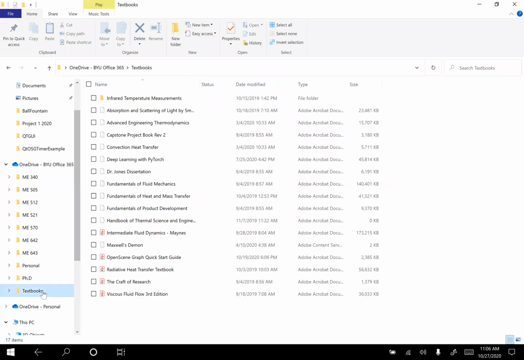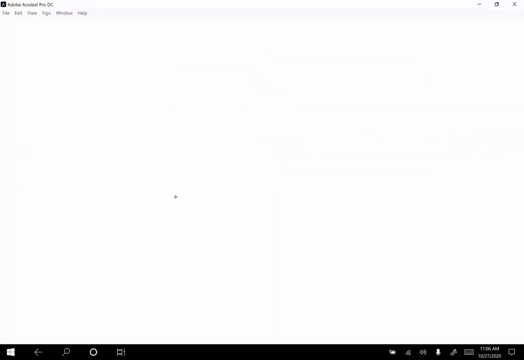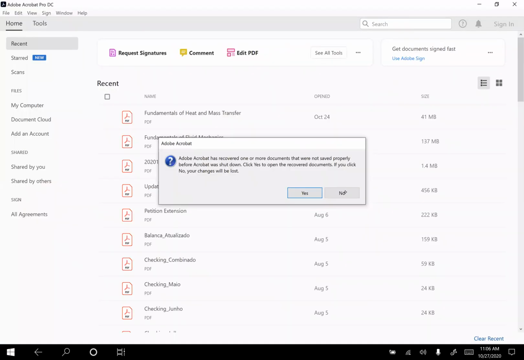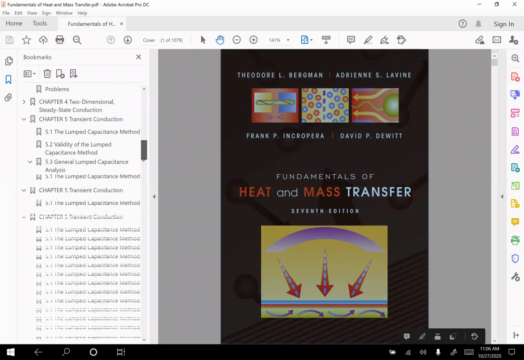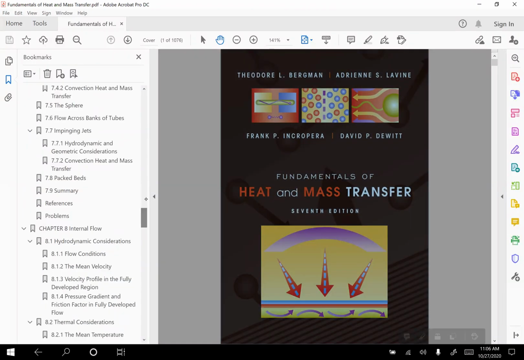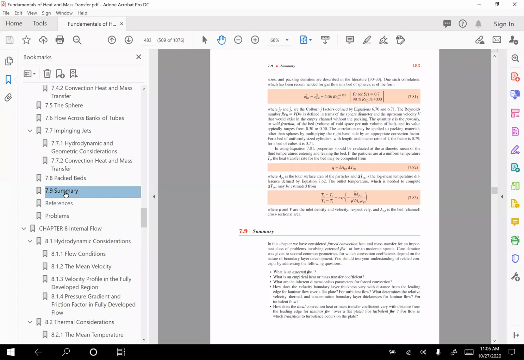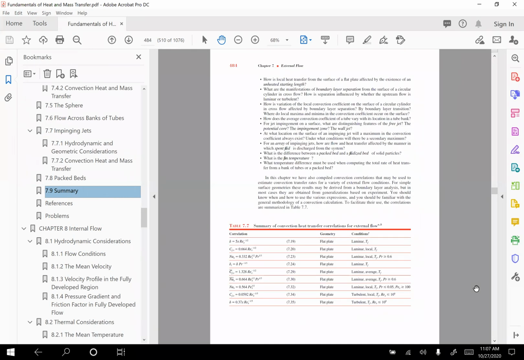Sometimes my Adobe crashes. Okay. All right, so come down here, section 7.7, summary, 7.9. So you see this table 7.7, we have a flat plate.